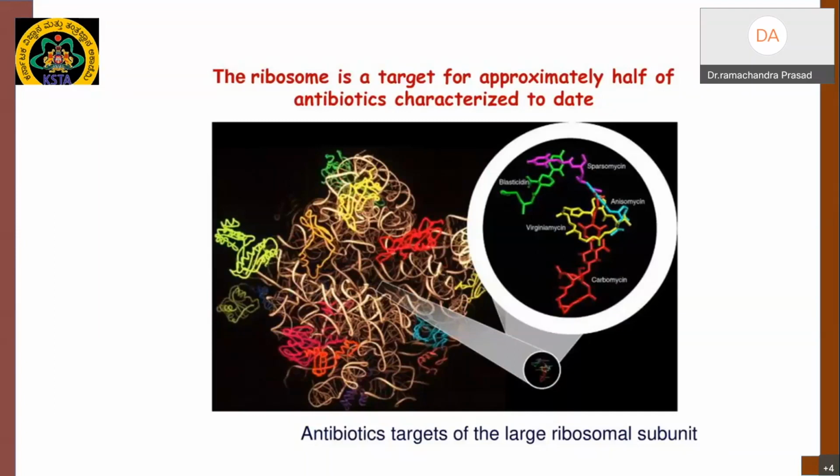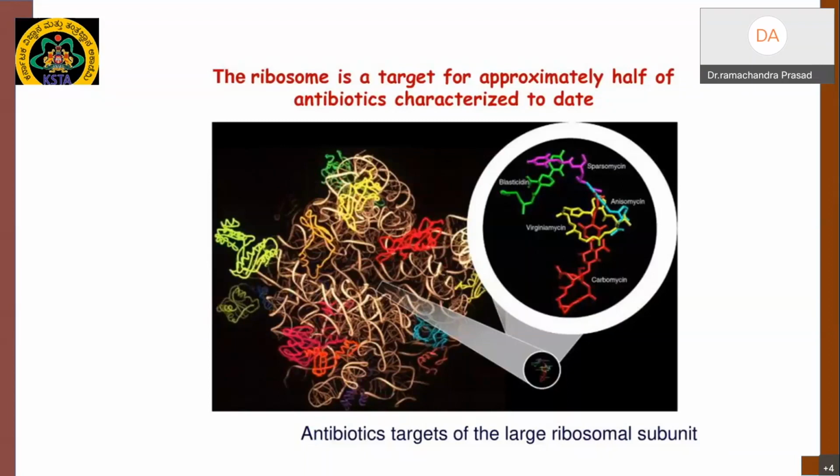The target is the ribosome for most of the antibiotics. So this is called drug simulations. A lot of bioinformatics is involved in how to do these simulations, how to revive that drug resistant antibiotic, and a lot of tools are involved.